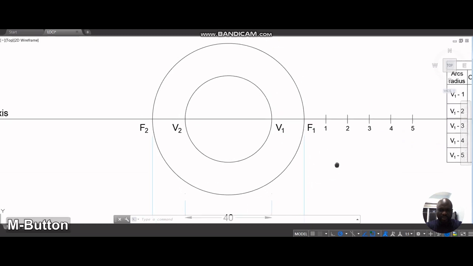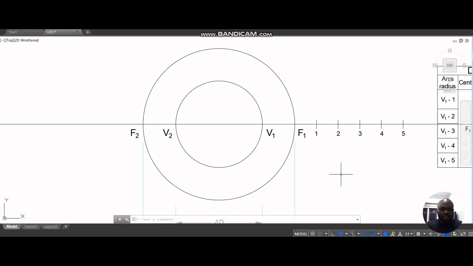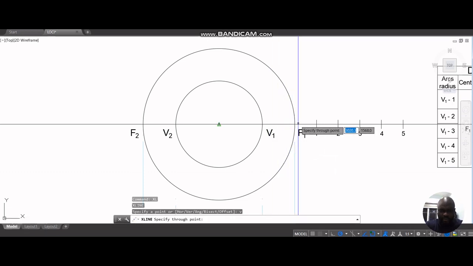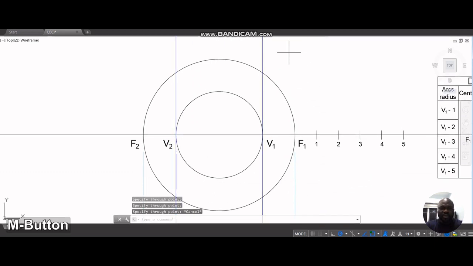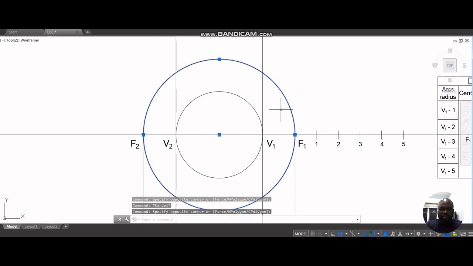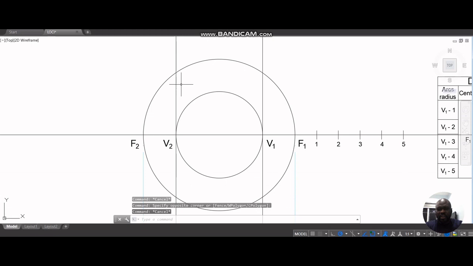And to locate the asymptotes is simple. It is to erect a perpendicular across V1 and V2. So we have a perpendicular up on V1 and V2. Now the point where this perpendicular from V1 and V2 touches the F1, F2 circle is where our asymptotes are going to be located.